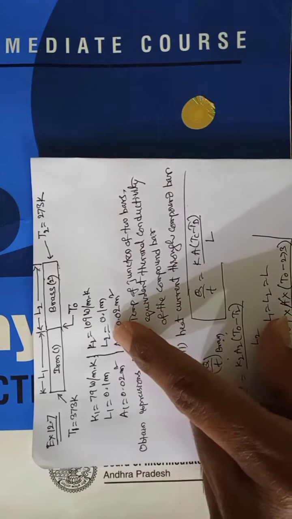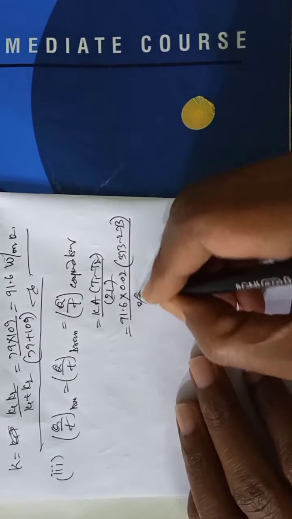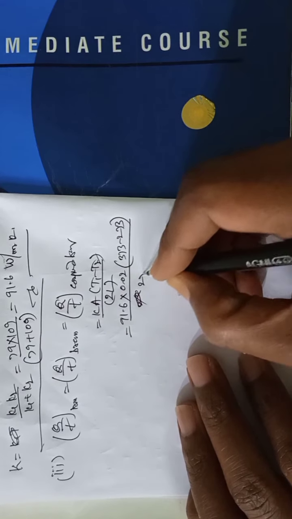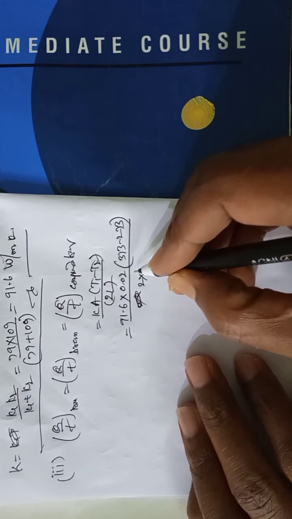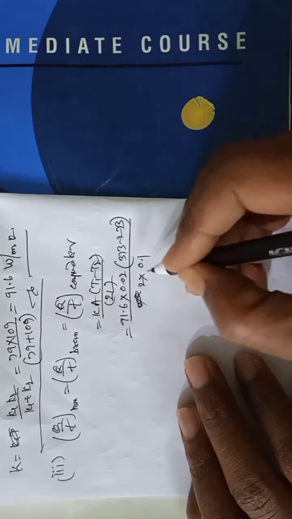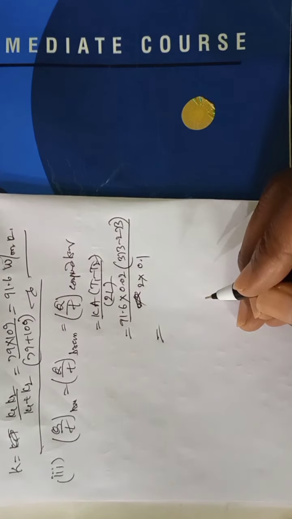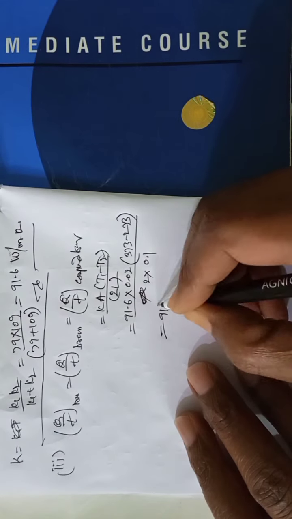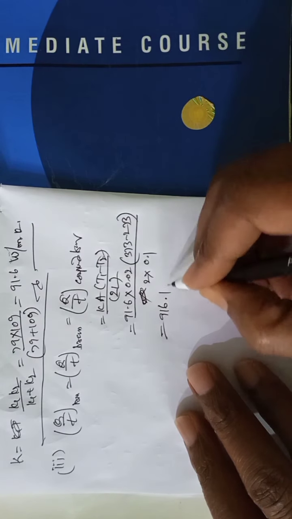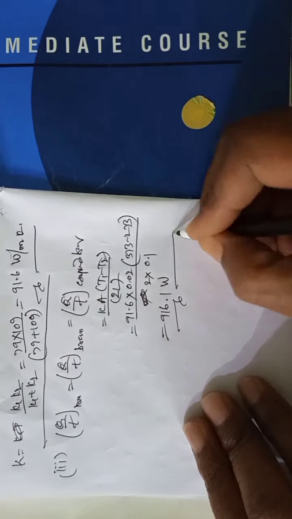So L1 plus L2 becomes 0.2 meters. So here 0.2, or 2 into 0.1. From this we get the answer.